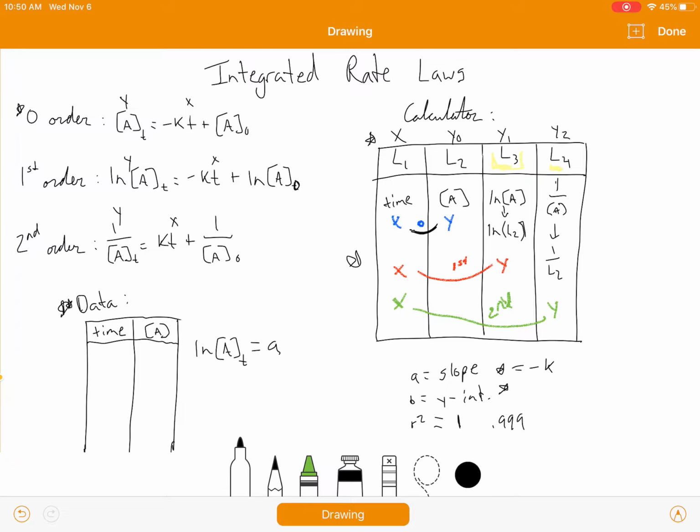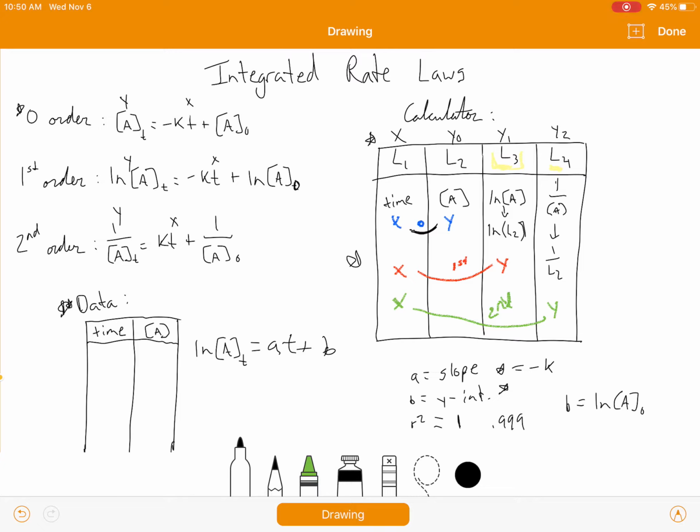So a times t, because a is equal to negative k, plus whatever it gives you for b. And remember, b is equal to the natural log of A0.